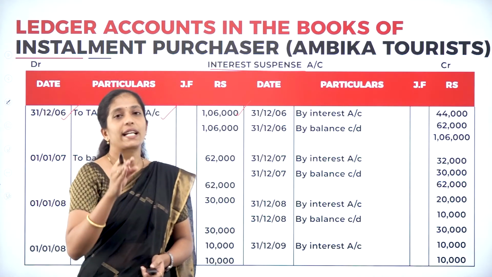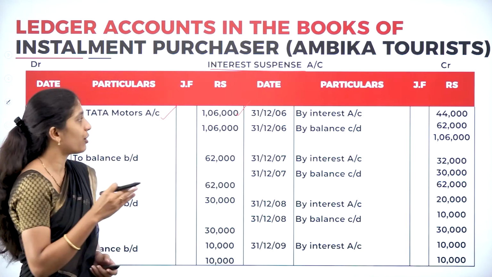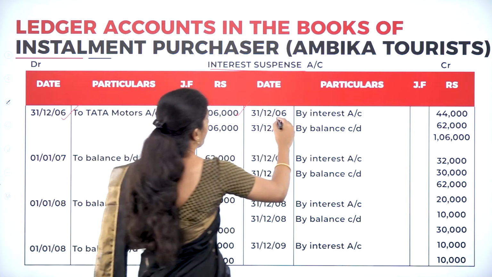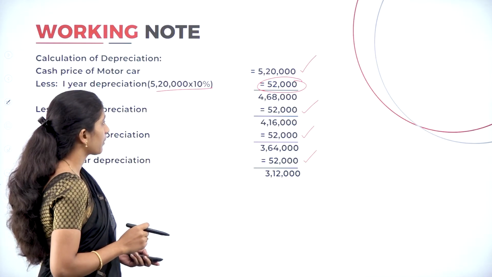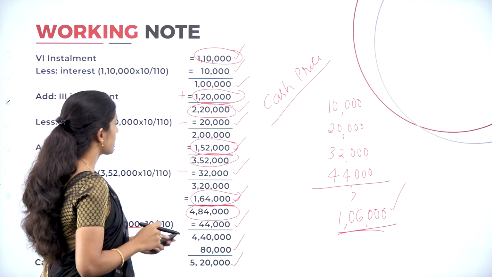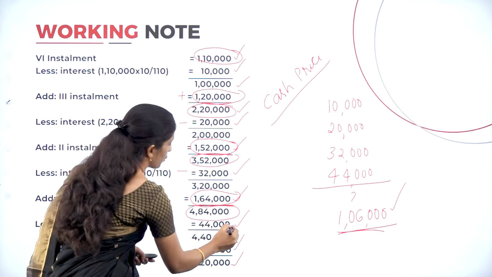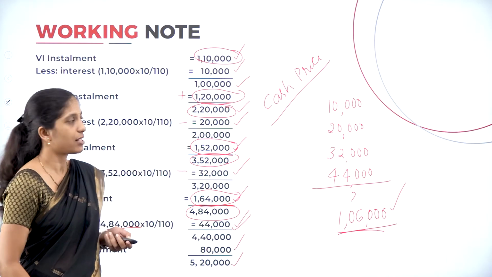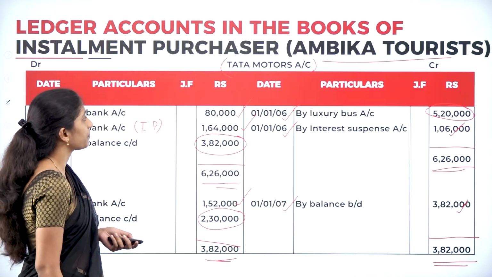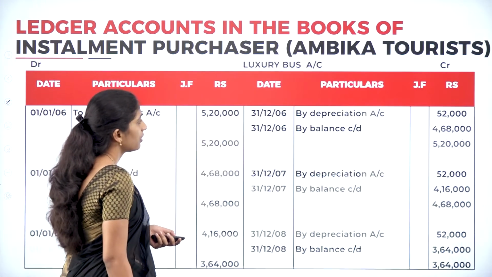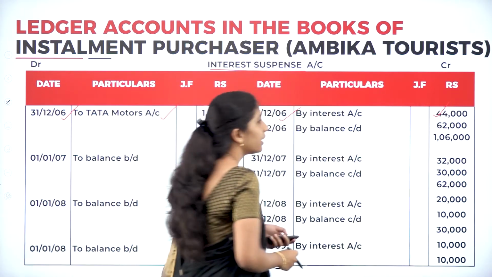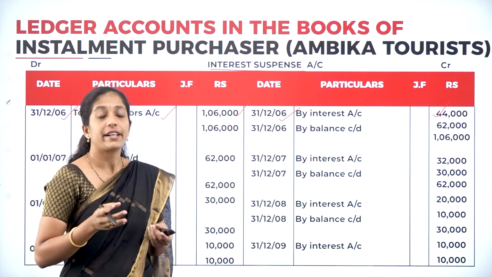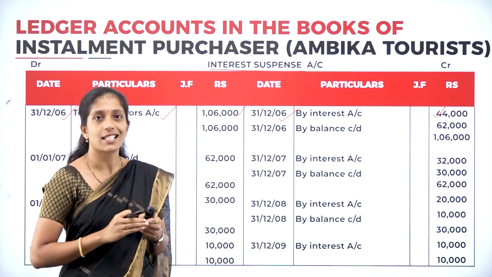So interest account debit to interest suspense account. So how do you record? First year by interest account. So what is first year interest? First year interest is 44,000. So we have to transfer this interest, 44,000. So record that 44,000.